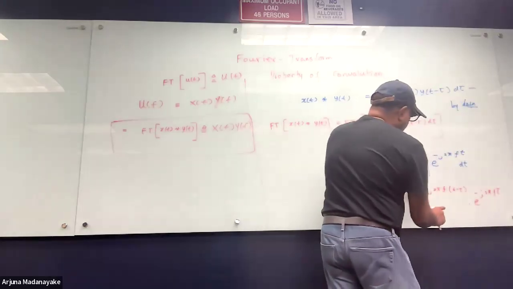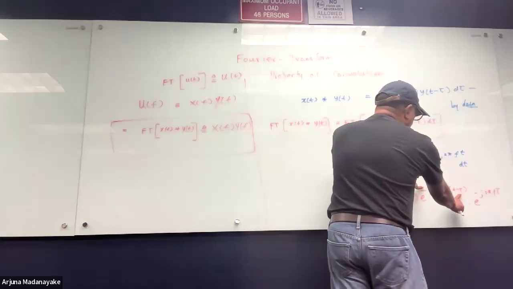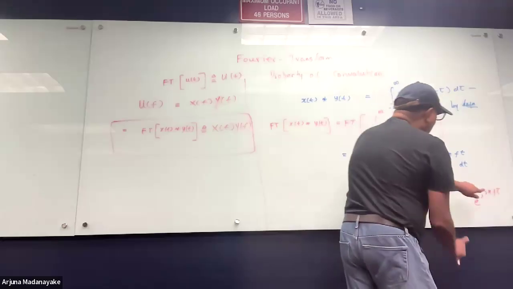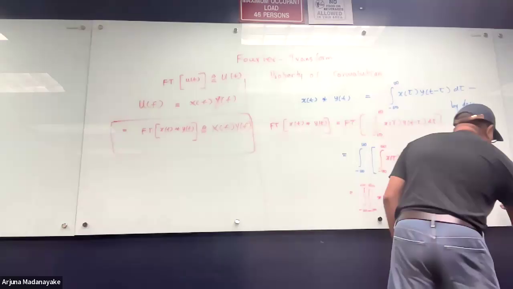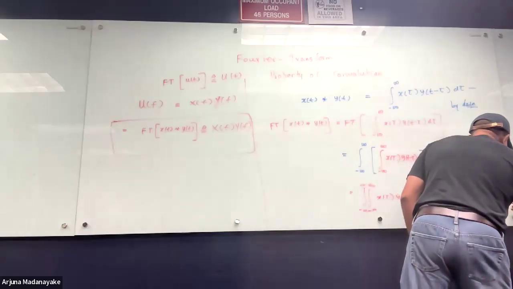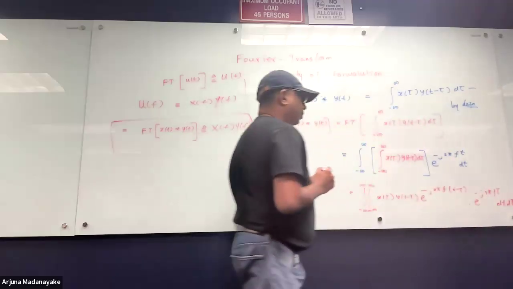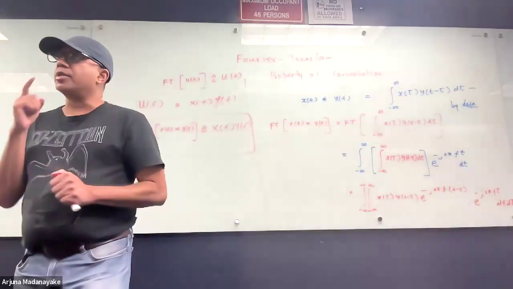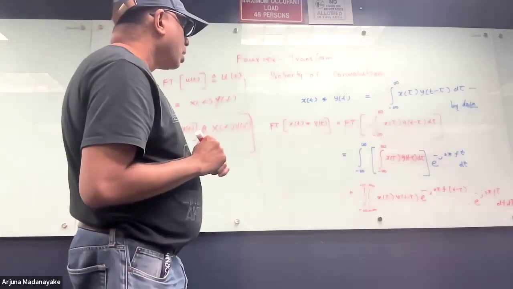See, it's minus minus, so it's plus j 2 pi f tau. So to get rid of the plus j 2 pi f tau, I have to put a negative j 2 pi f tau to cancel off. Then I have the differential part, right?